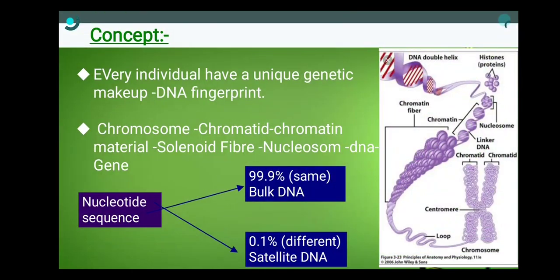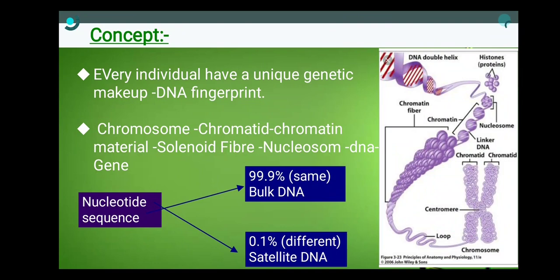Now let's talk about its concept, what satellite DNA is, on the basis of which we can identify a person. First I would like to introduce that every individual has a unique genetic makeup, and that unique genetic makeup is called the DNA fingerprint.